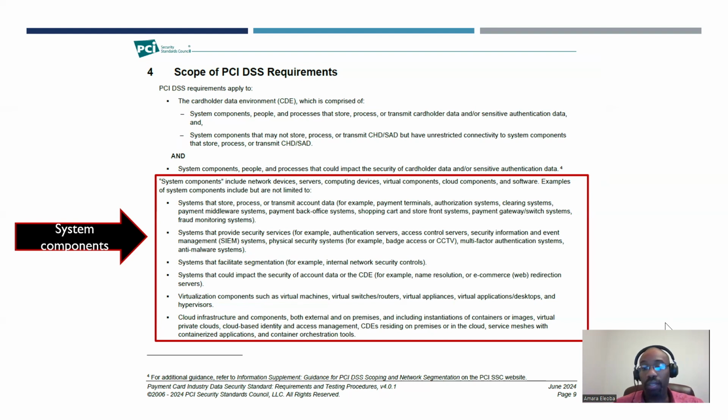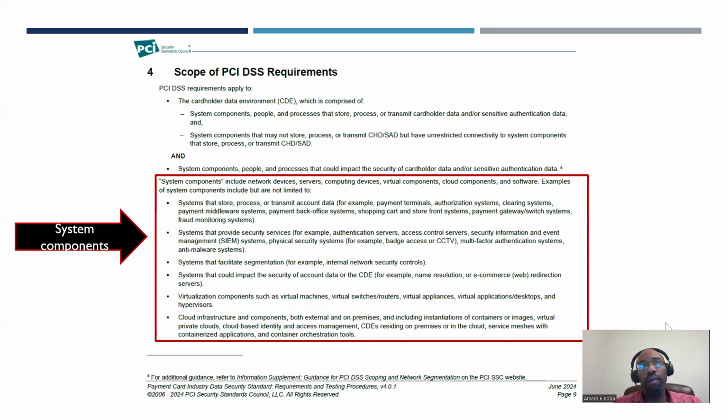If your laptop is used in, let's say, the call center to process payments or something like that, and that laptop is accessing the CDE, then it's going to be part of the scope. We need a list of all the systems, all the assets that are accessing that, okay? So all the computing devices within that CDE or connecting to that CDE, we need a list of them. Then virtual components, that can be like your VMware.